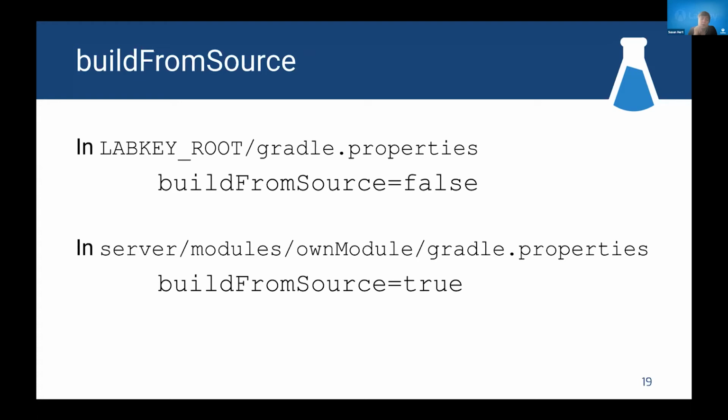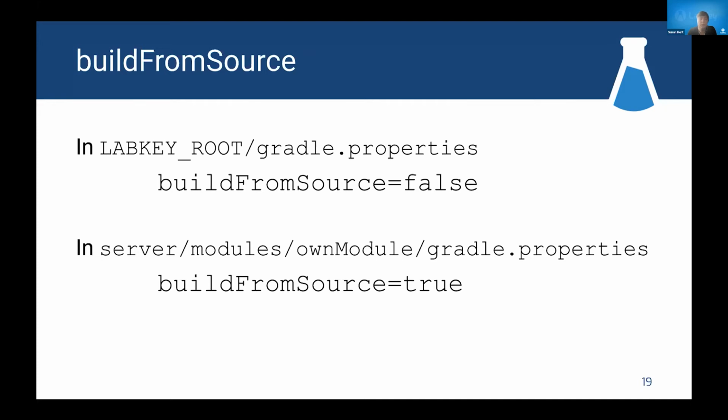So in order to get it so that it builds only your module and not any of the other things that you have an enlistment in, you can set build from source to false at the root of your enlistment. And if you made no other changes, that would say, I don't want to build anything from source. And then it will fail because we don't have an artifact for your own module.